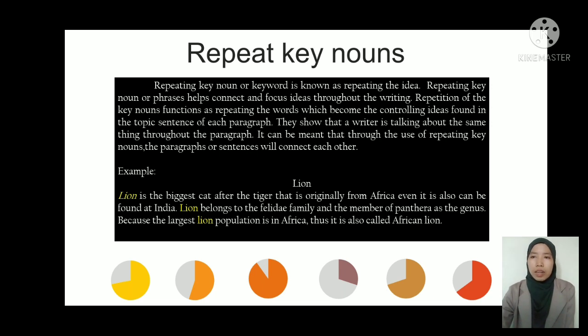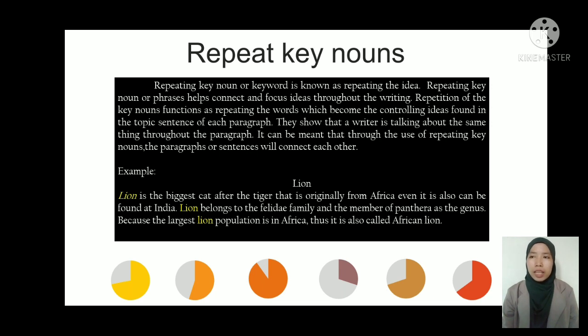Repeating key nouns or phrases helps connect and focus ideas throughout the writing. Repetition of the key nouns functions as repetition of the word which becomes the controlling idea found in the topic sentence of each paragraph. It shows that the writer is talking about the same thing throughout the paragraph.